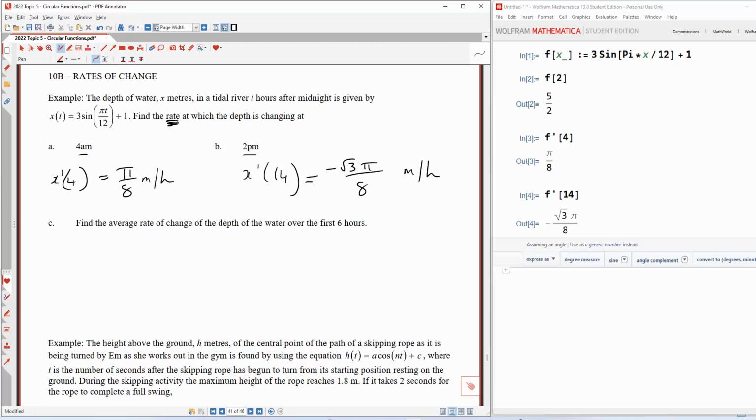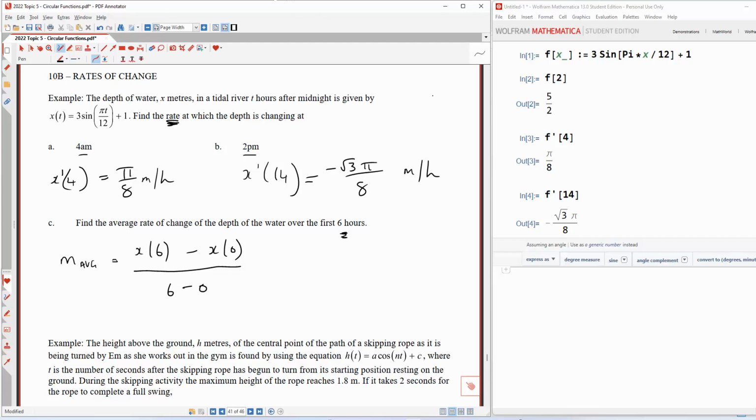All right. Find the average rate of change of the depth of water over the first 6 hours. So the average rate of change is going to be x of 6 take away x of 0. So this is y2 take y1 over x2 take x1, which is 6 take away 0.